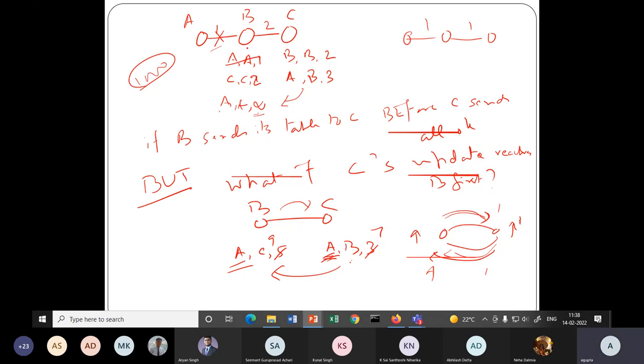But then, if C's update comes to B before B's update goes to C, the same problem can happen, because B will think that there is a path to A with cost lower than 1000 through C. B does not know that that path goes through B itself, so there is no point taking that path, but B will wrongly think there is a lower cost path.